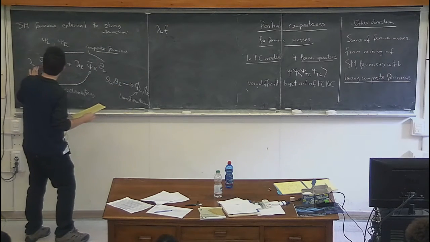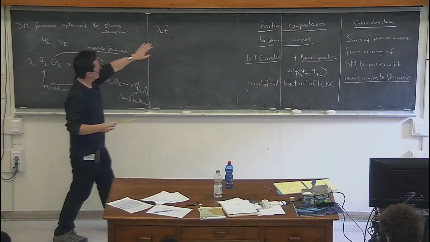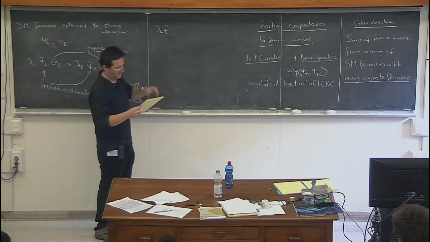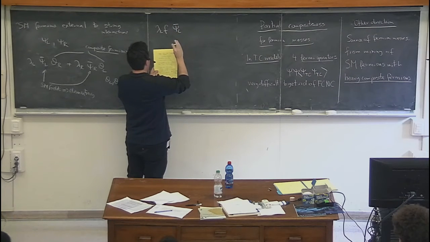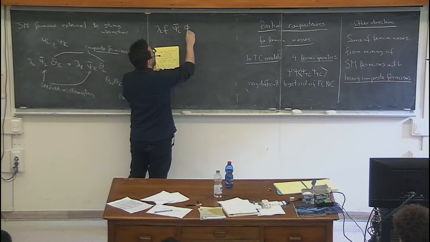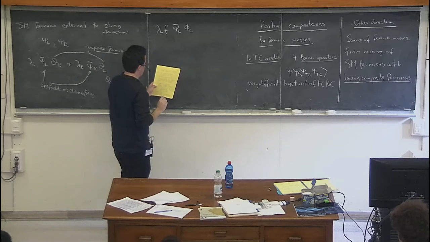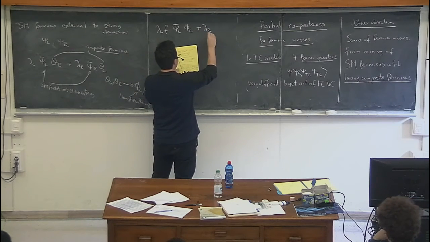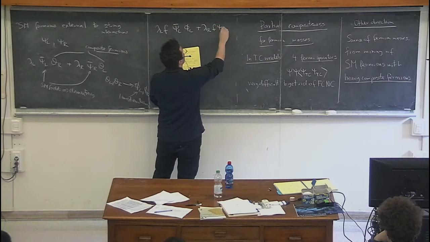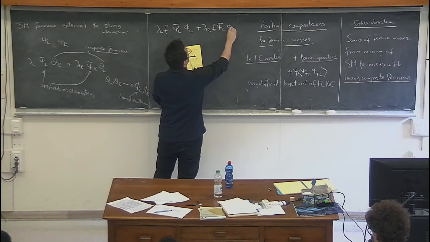So all of these mixings are going to be proportional to the scale f, and then I will have here my operator psi left bar phi left. I will have a similar term for the right-handed sector, lambda right f psi right bar phi right.